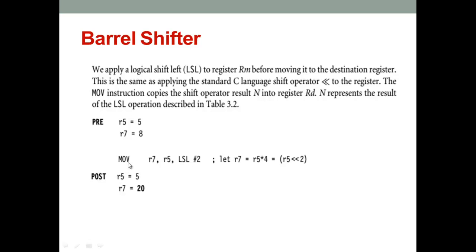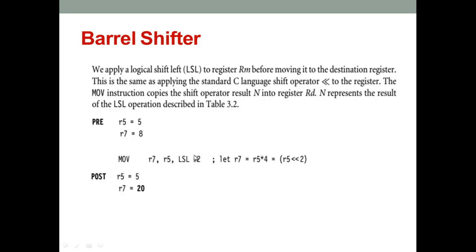So what is the instruction I have? Pre stands for the condition of my registers before processing, and post is after processing. My instruction here is move. I have no conditions here. I have no S here, which means it doesn't update my status register. I have two registers, R7 and R5. R7 is my destination register, and R5 is my source register. And I have an operation called logical shift left by two.